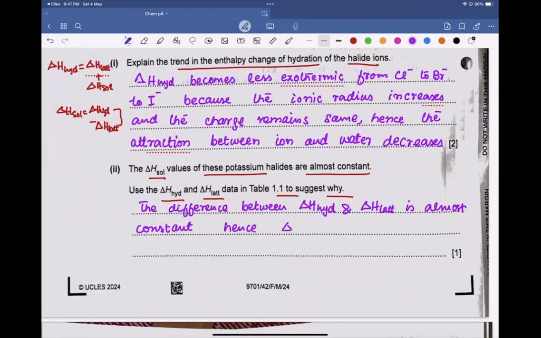Hence, the enthalpy change of solution values are almost constant. Is this clear to all of you?